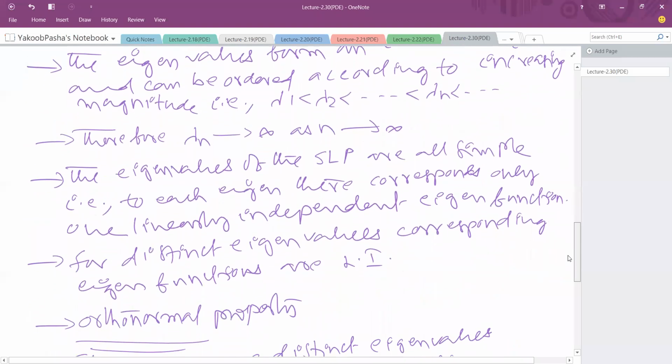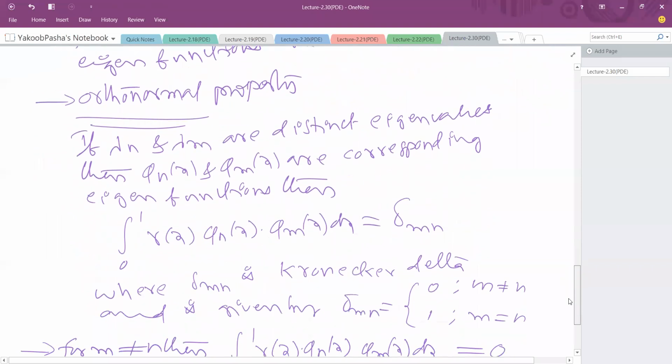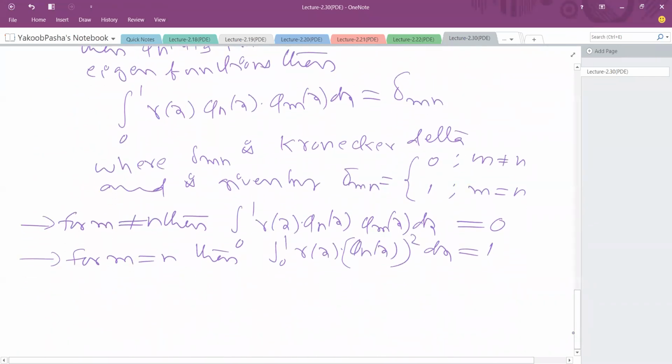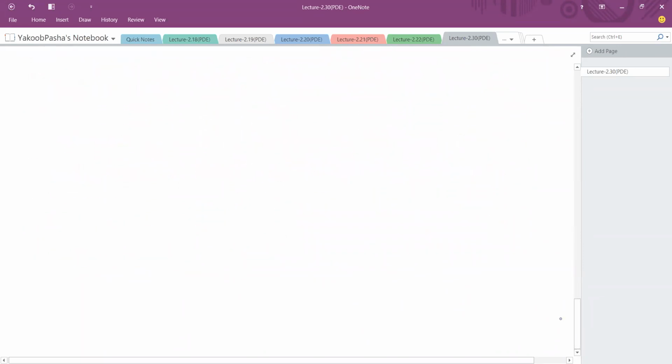The eigenvalues of the SLP are all simple: to each eigenvalue there corresponds only one linearly independent eigenfunction. Distinct eigenvalues have linearly independent eigenfunctions, and this is the orthonormal property, by which you can find normalized eigenfunctions. First I am taking one simple problem.